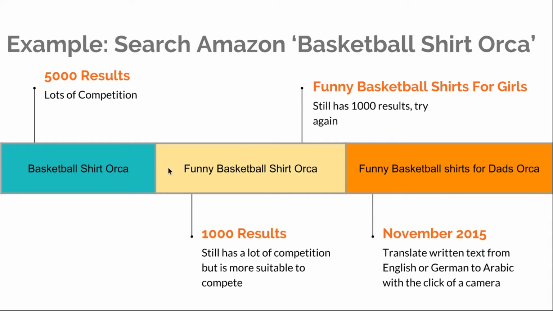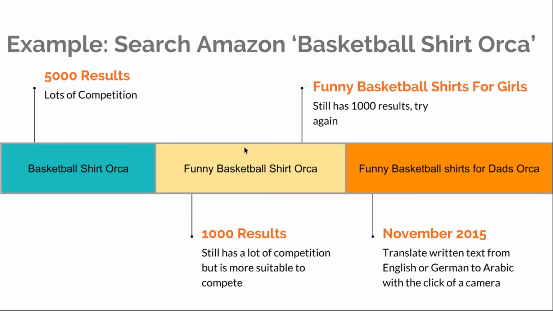From that, I went to "funny basketball shirt orca," and that lowered the amount of results. From there, I had 1,000 results left. Still a lot of competition, but it's more suitable to compete. After that, I typed in "funny basketball shirts for girls."